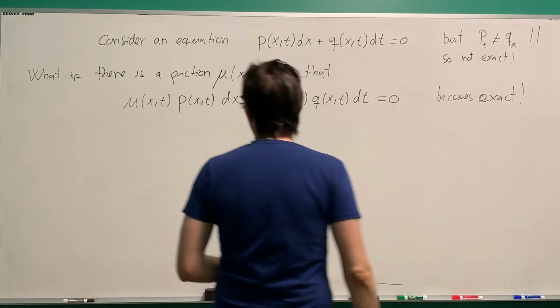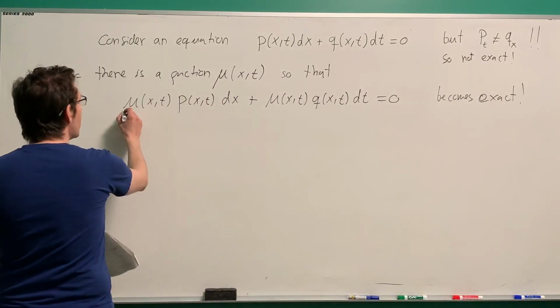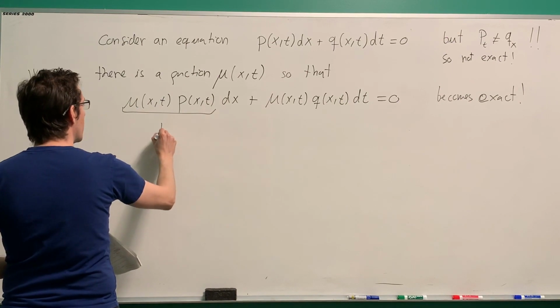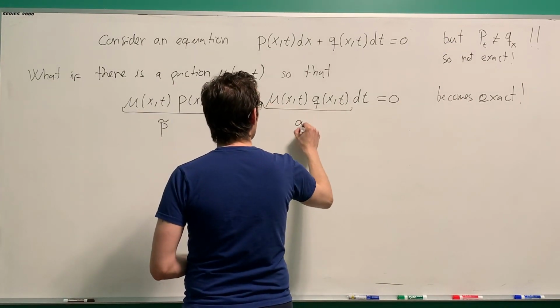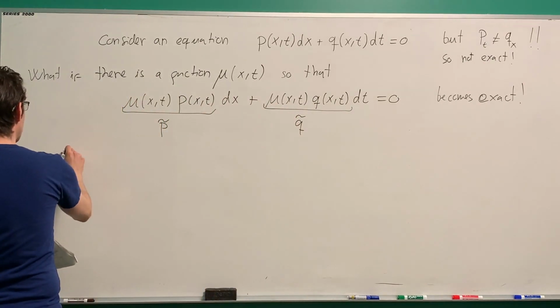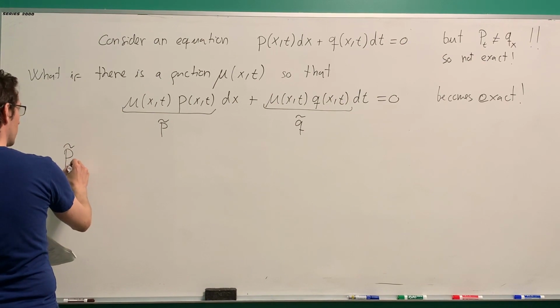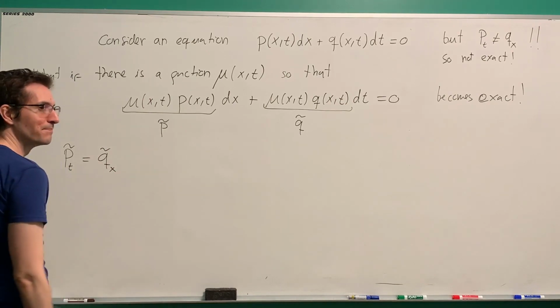All right, so let's see what would be the case then. So we know that this thing, let's call this thing p tilde, and let's call this thing q tilde now. And then if it's exact, we should have that p tilde derivative with respect to t should be equal to q tilde derivative with respect to x.